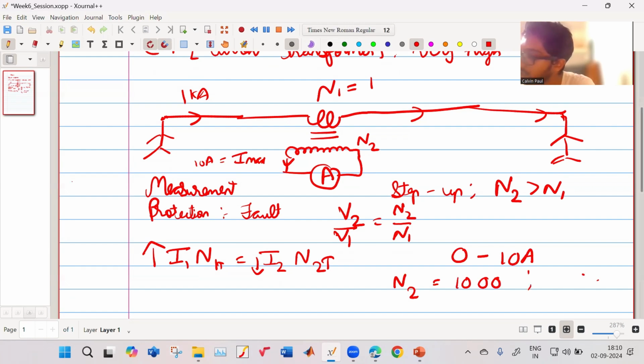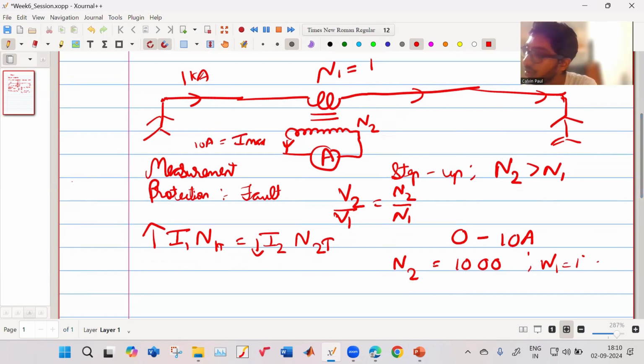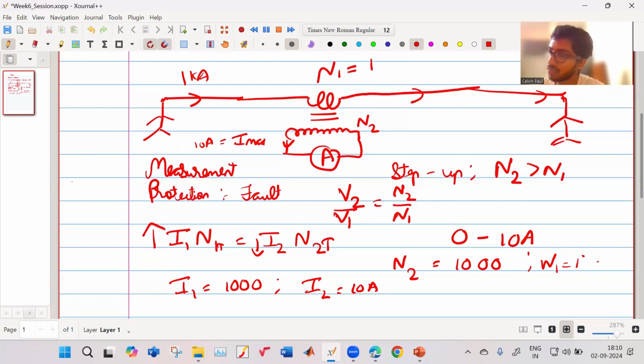My N2 is 1000, my N1 is 1, my I1 is 1000. But my I2 is 10 ampere, no? Then my N2 cannot be 1000. My N2 should be 100, because my I2 is 10 ampere and my N1 is 1.